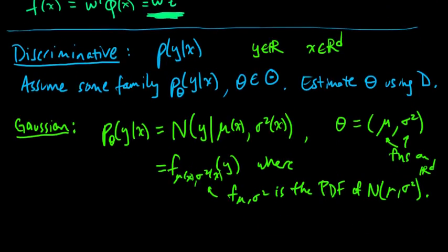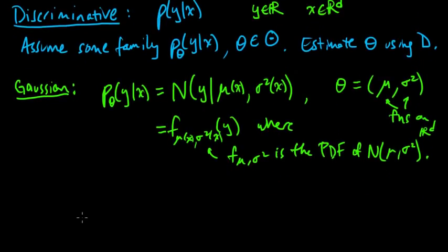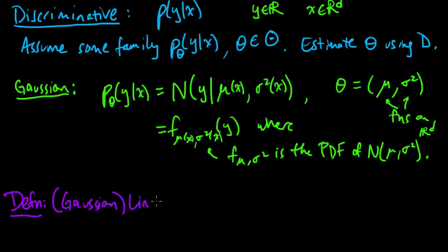Well, that's where we come to the definition. We'll choose some mu and sigma squared, some functions here, and we will define Gaussian linear regression. I'll put this qualifier to emphasize that we're using a Gaussian distribution.